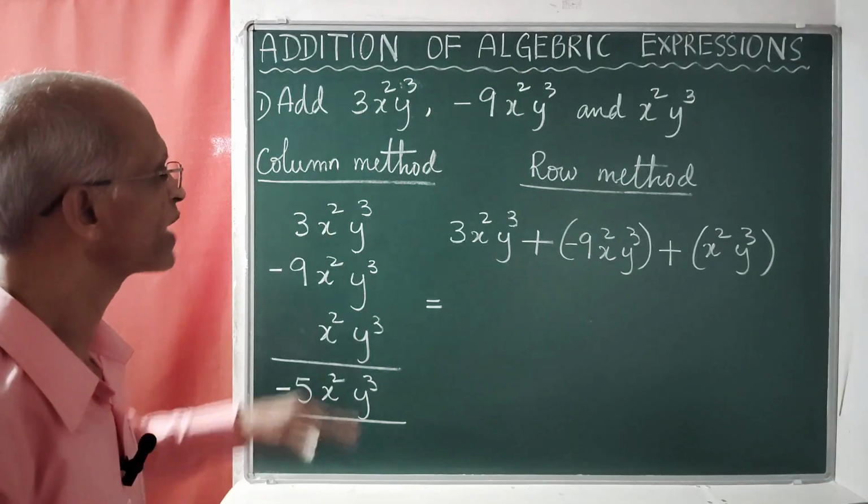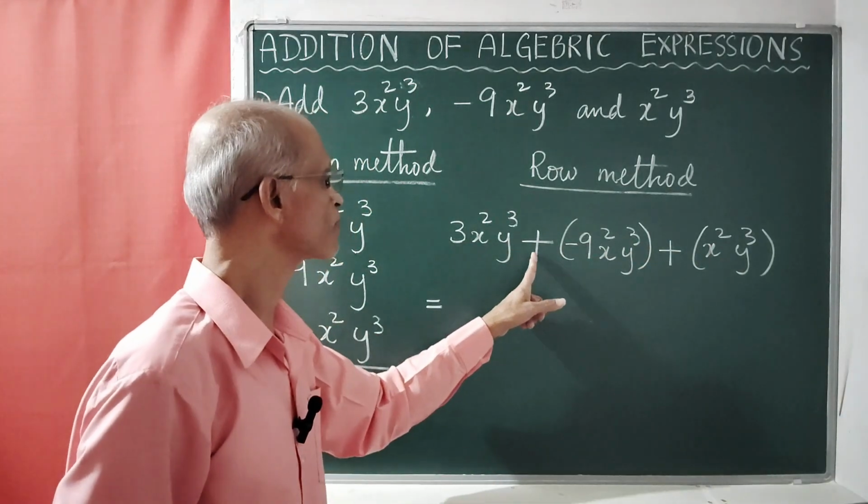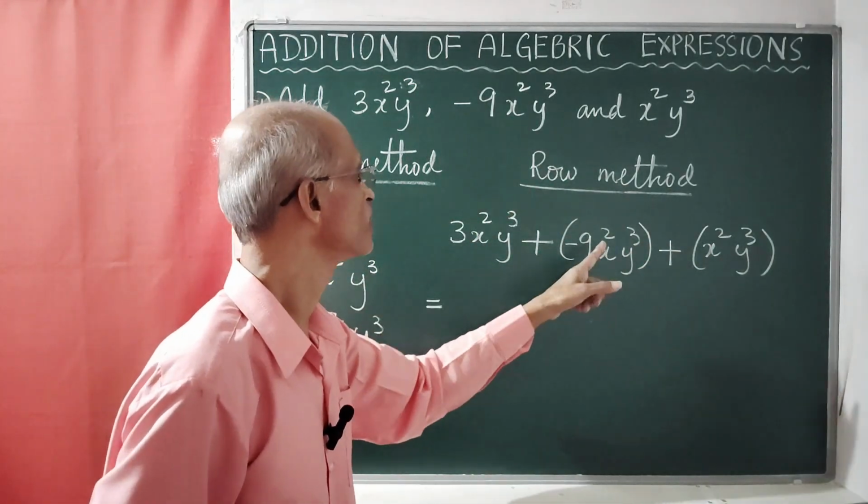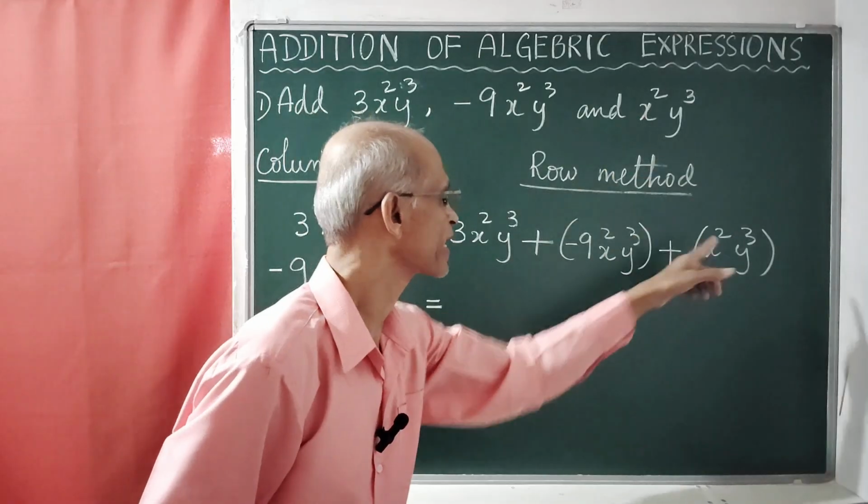In the first step, you have to write them in a row. Put one plus, write it within the bracket. Put one plus, write it within the bracket.